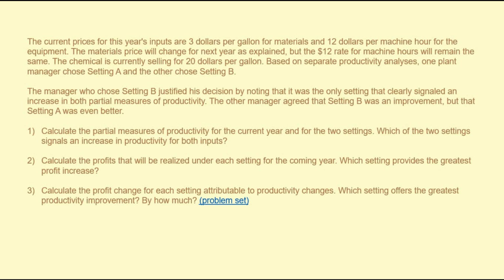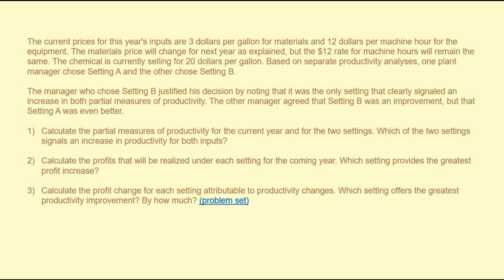Based on separate productivity analysis, one plant manager chose setting A and the other chose setting B. The manager who chose setting B justified his decision by noting that it was the only setting that clearly signaled an increase in both partial measures of productivity. The other manager agreed that setting B was an improvement, but that setting A was even better.